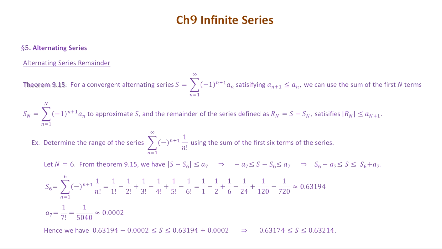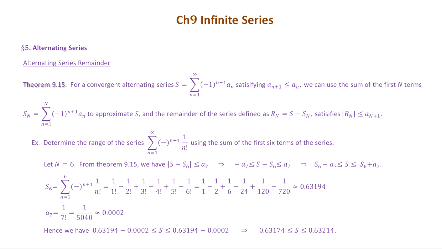Okay, so let's calculate S6, and then we can also compute a7 and plug those numbers into this inequality and see what we get. S sub 6 is just the first 6 terms of this series. Again, we should have (-1) to the power here. So the first term is 1 over 1 factorial, when n equals 1, (-1) to the 1 plus 1, which is (-1) squared, is 1.